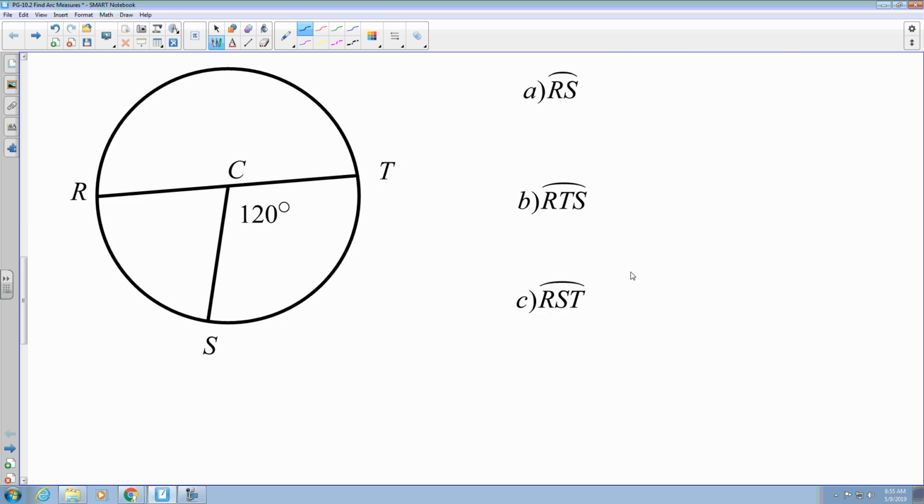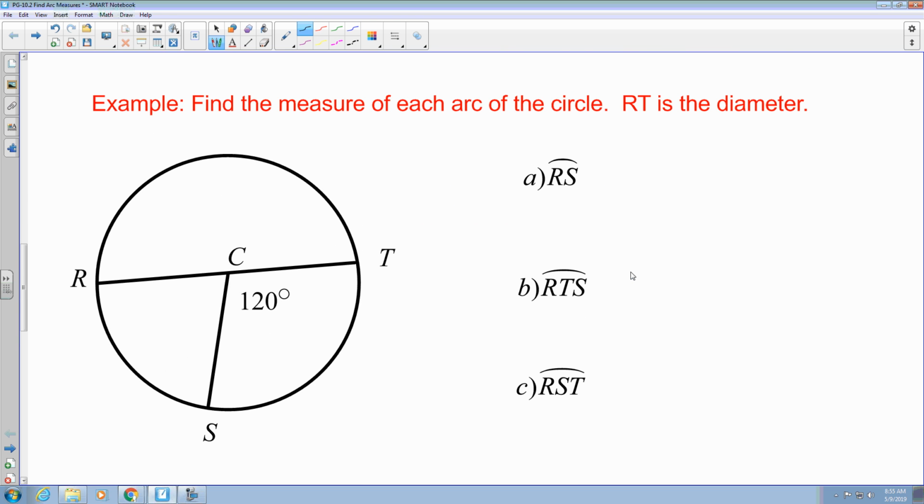So in this example here, they want us to find the different arc measures, and they're telling us that RT is the diameter. Okay, so that does help us.